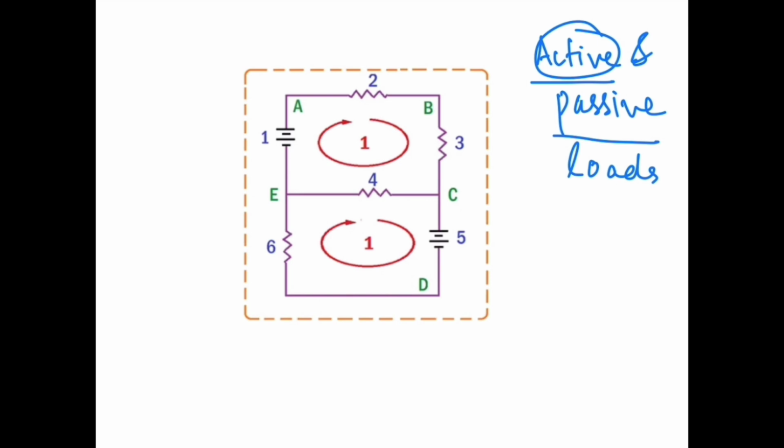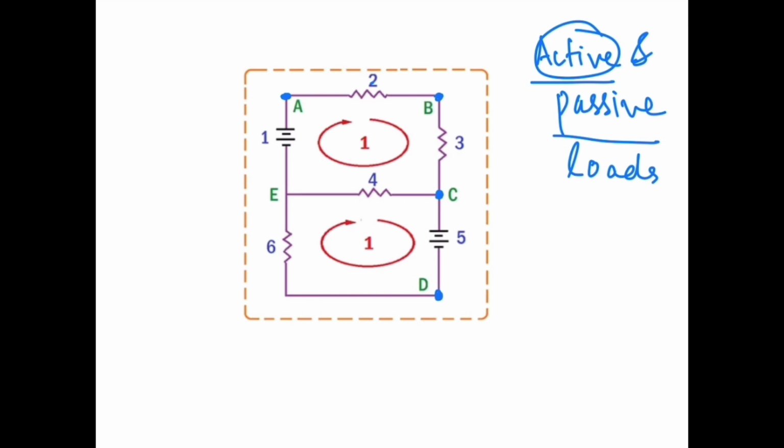Consider this circuit. We have two voltage sources and four resistors. Here one voltage source and a resistor are connected at point A, so A is a node. These two resistors are connected at B, so B is a node. Two resistors and one voltage source are connected at point C, so C is a node.